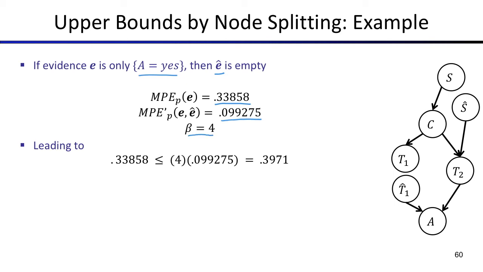Beta is still 4 because we still have two cloned variables, S and T. So now this probability must be smaller or equal to beta, that's 4 times what we got for the MPE query in the cloned network. And 4 times 0.099275 is equal to 0.3971, so its value is actually greater than the original value that we have for the MPE in the original network.